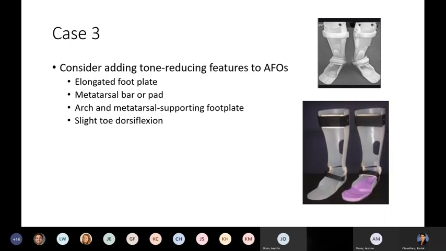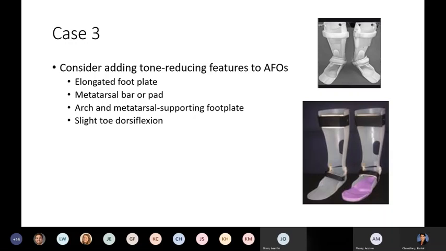Tone reducing features in AFOs can include an elongated foot plate, metatarsal bar or pad, an arch and metatarsal supporting foot plate, and possibly setting the toes in slight dorsiflexion.